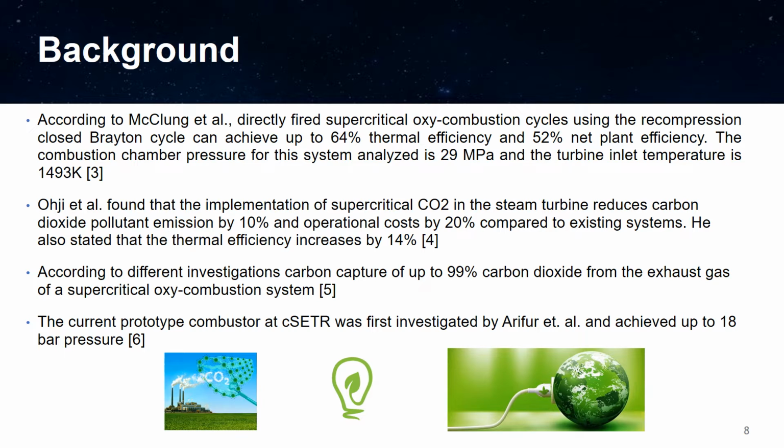He saw that it can achieve up to 64% thermal efficiency and give a 52% net efficiency after the sequestration. According to him, the cycles go up to around 29 megapascal, or 290 bar. So that's really high pressure, and temperatures can go up to around 1500 Kelvin.